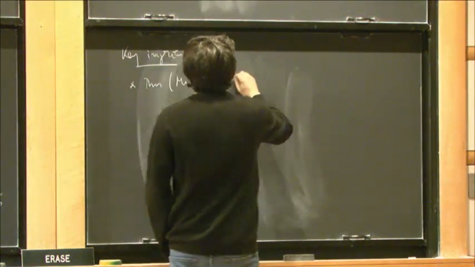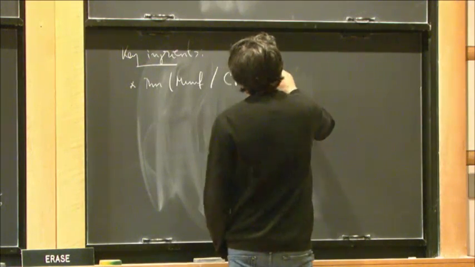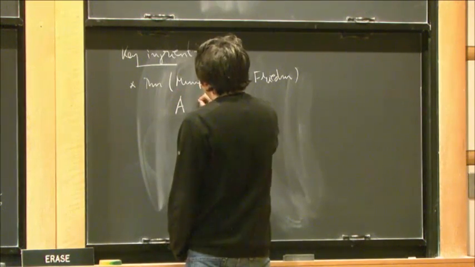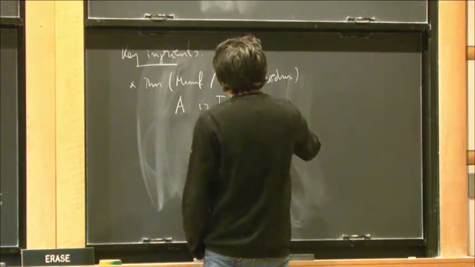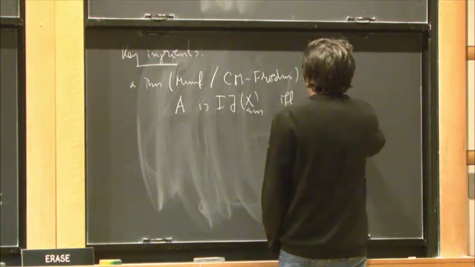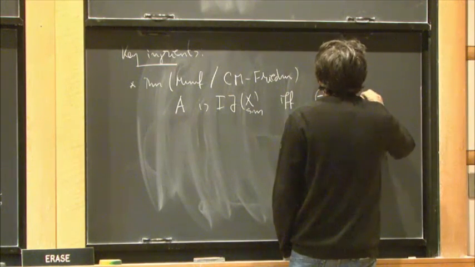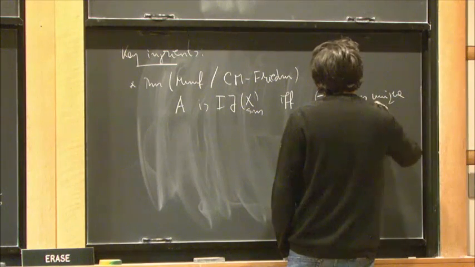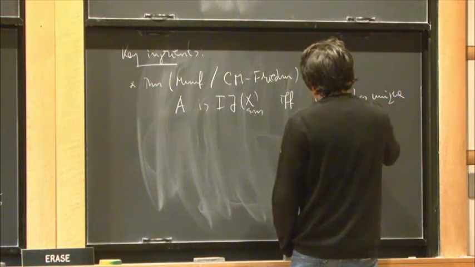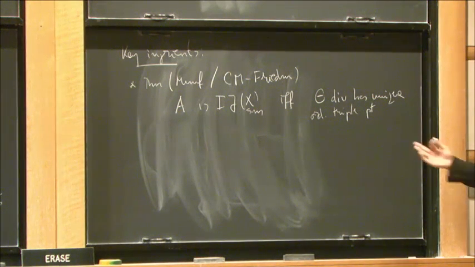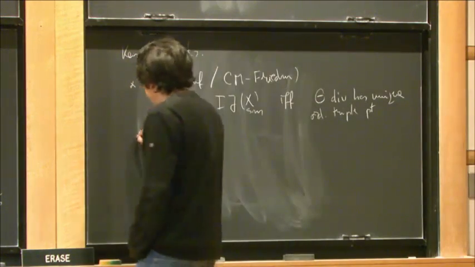The other direction is due to Casalaina-Martin and Friedman, which says that A is an intermediate Jacobian of a smooth cubic if and only if the theta divisor has a unique triple point, maybe ordinary triple point or something like this. So you characterize the intermediate Jacobians in A5 by conditions on singularities of the theta divisor.